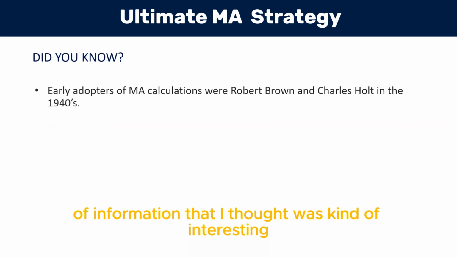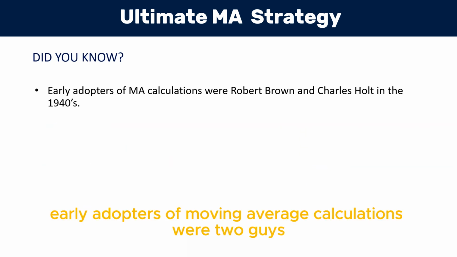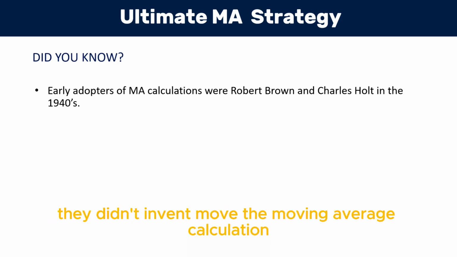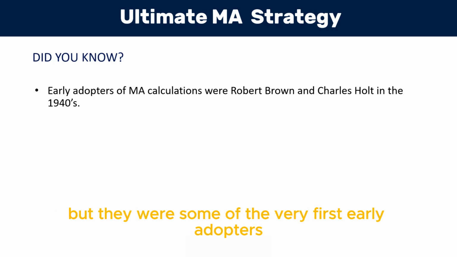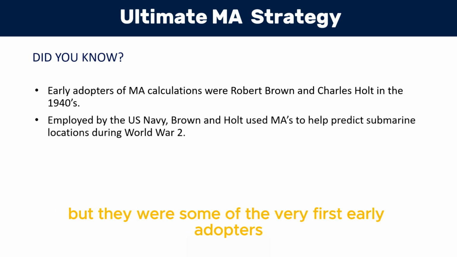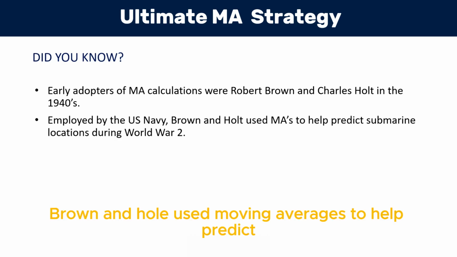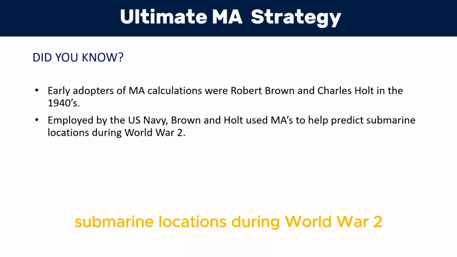Early adopters of moving average calculations were two guys, Robert Brown and Charles Holt, in the early 1940s. They didn't invent the moving average calculation, but they were some of the very first early adopters. They were employed by the U.S. Navy. Brown and Holt used moving averages to help predict submarine locations during World War II.